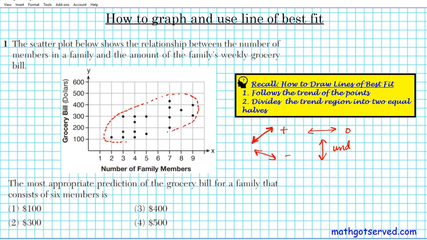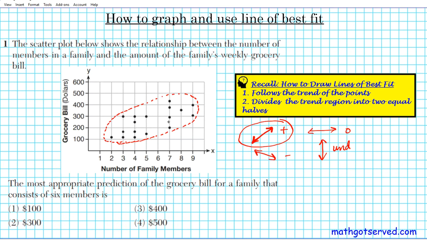All right, so what do you notice here? It looks like it's tilting upward slightly, right? So we can describe this a positive trend. So that means that our line of best fit will follow a positive pattern.